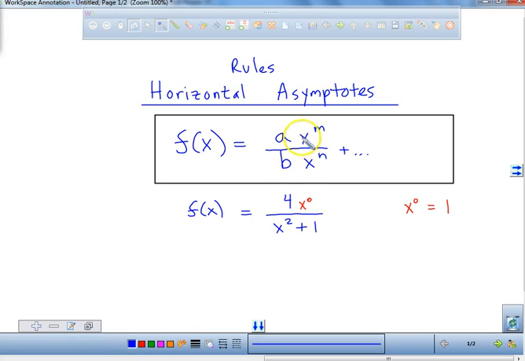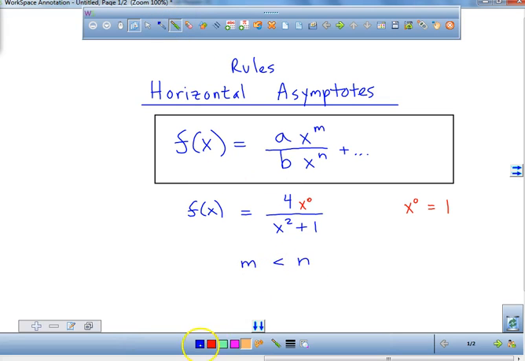This is the scenario in which m is less than n. Now, what the heck are you talking about? Well, this is m, this is n. In our situation, m is 0, n is 2. Well, 0 is less than 2.